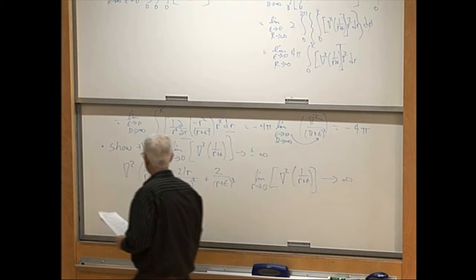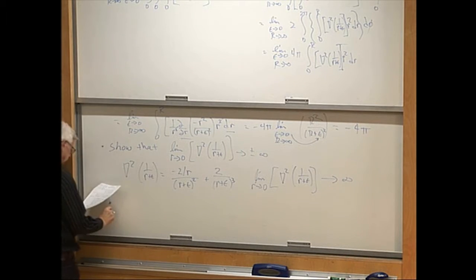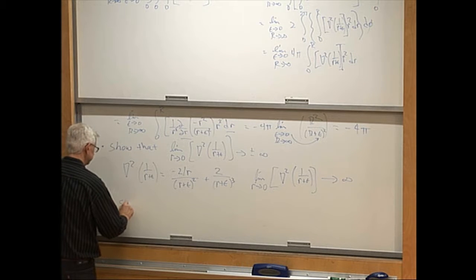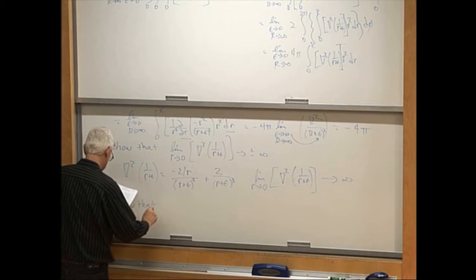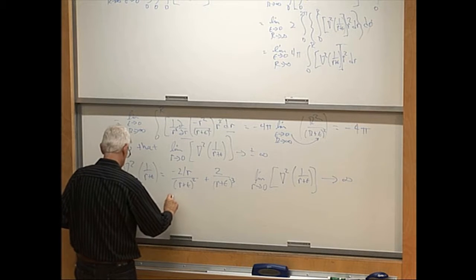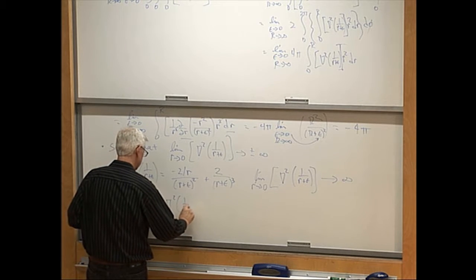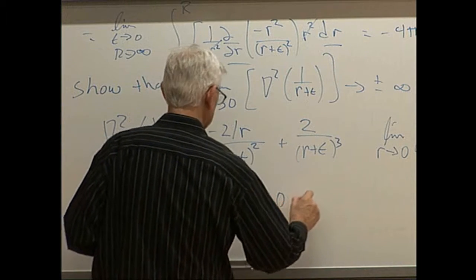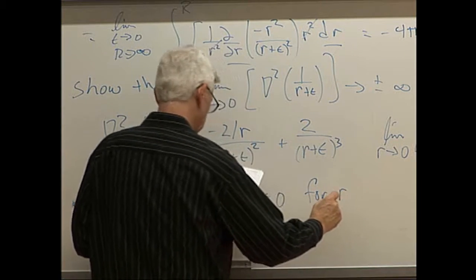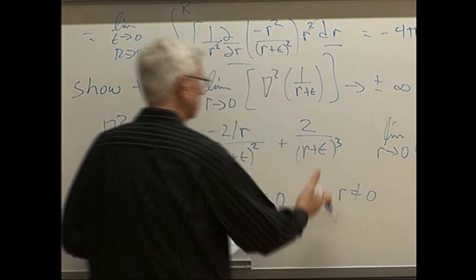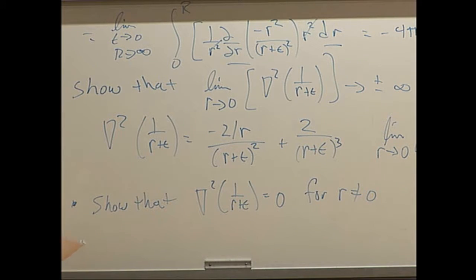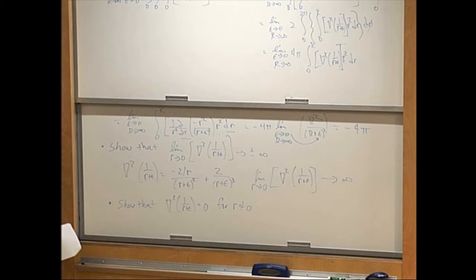So our last part of that proof is to show that del squared of 1 over r plus epsilon is equal to 0 for r not equal to 0. So we've got it equal to infinity as r approaches 0, and we've got a finite volume of the function, and now we just need to show the value outside of the r equals 0 condition.